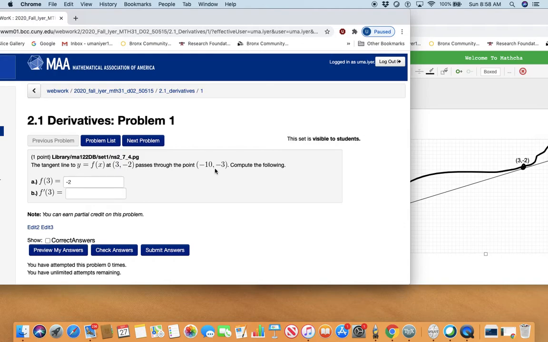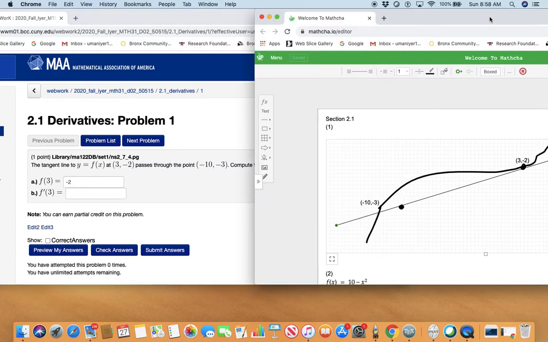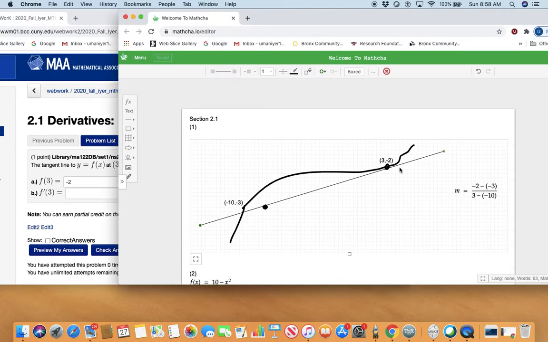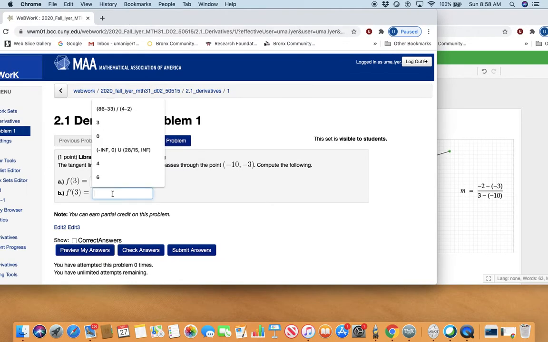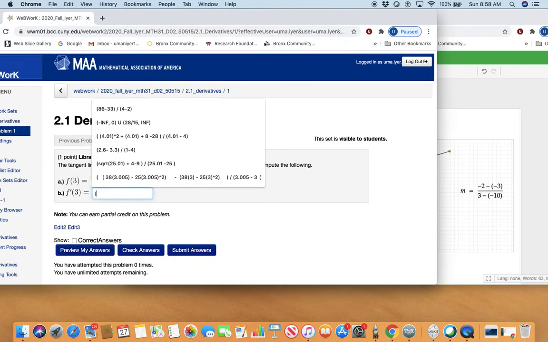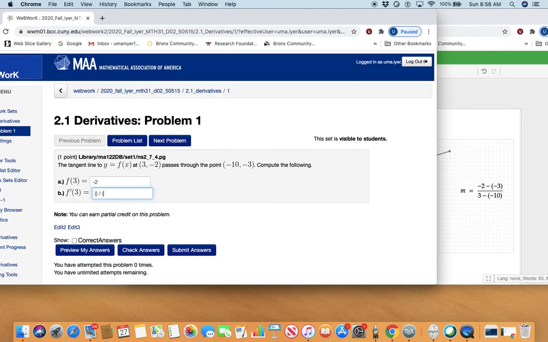Slope is y2 minus y1 over x2 minus x1. Notice I don't have to calculate it all. This is web work. I can simply write numerator over denominator and fill in each piece.